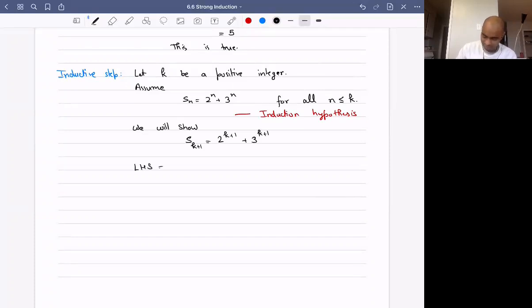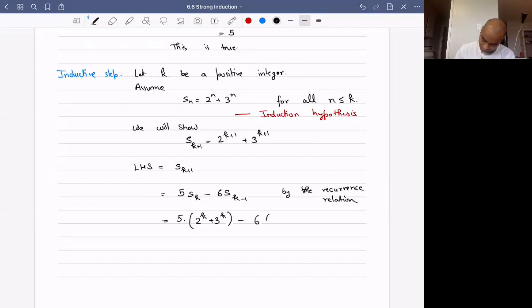So the left-hand side is S(k plus 1), which by the recurrence relation is 5 Sk minus 6 S(k minus 1), which then by the induction hypothesis is 5 times 2 to the k plus 3 to the k, minus 6 times 2 to the k minus 1 plus 3 to the k minus 1.